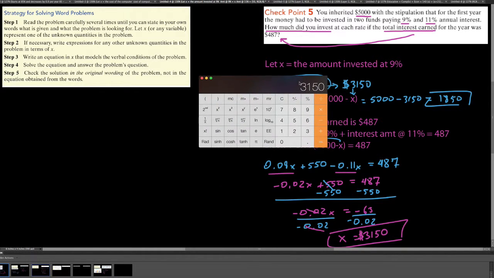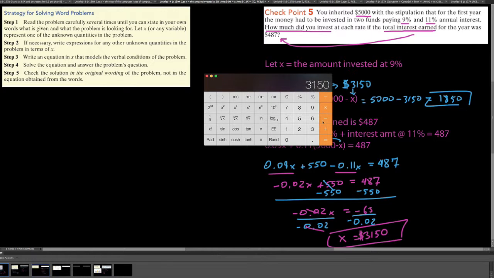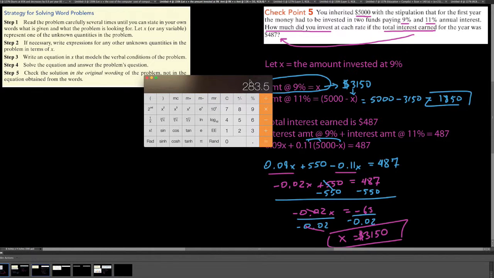If I invested 3150 at 9%, I take that times 0.09, which is 283.5. I'm going to memory plus this, so now it's in the memory of my calculator. If I invested 1850 at 11%, I take that times 0.11, I get this amount, plus now my memory recall, adds up to $487, and certainly these two amounts add up to the initial 5,000.